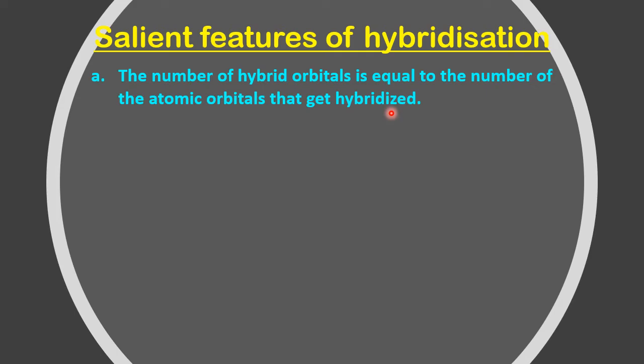If four atomic orbitals are ready for the hybridization, then after the hybridization, four hybrid orbitals are formed. That means the number of atomic orbitals that take part in the hybridization is equal to the number of hybrid orbitals formed.